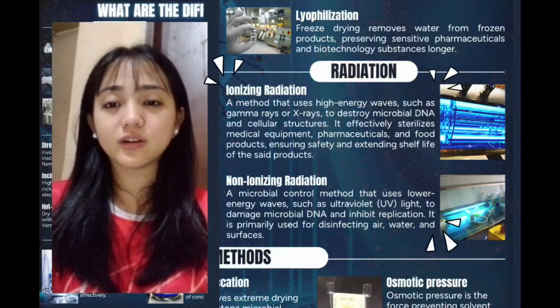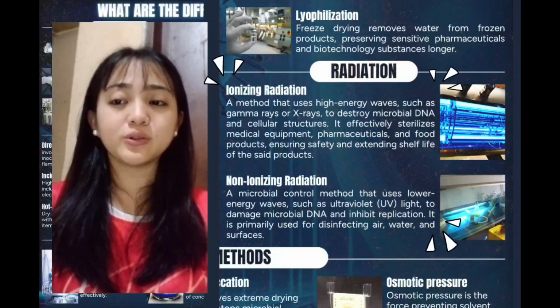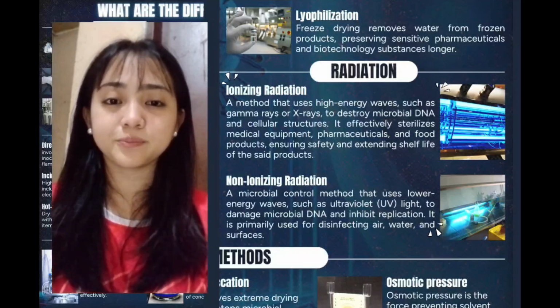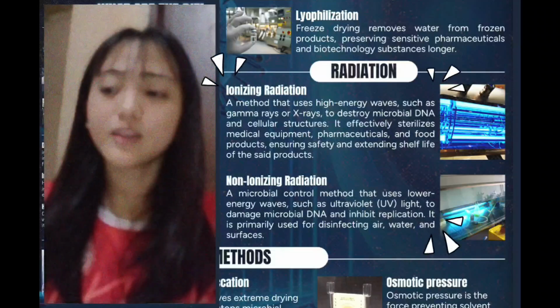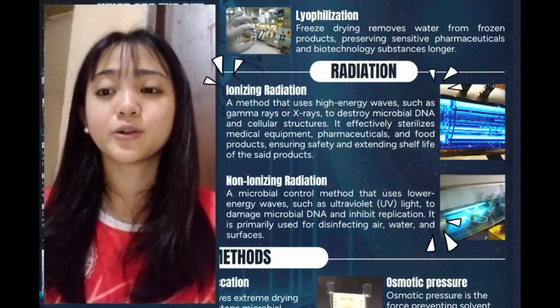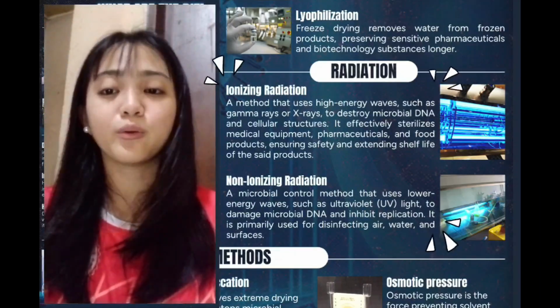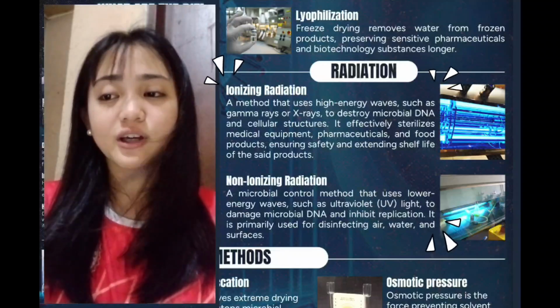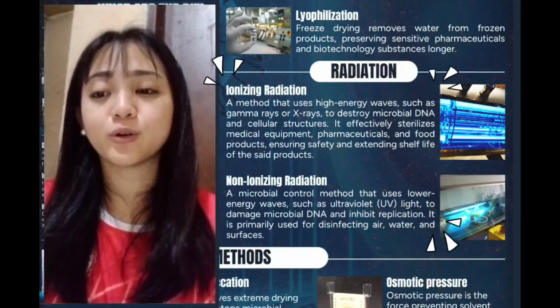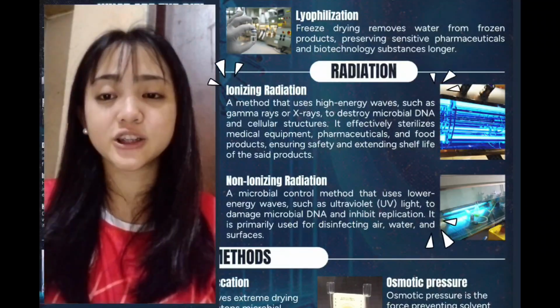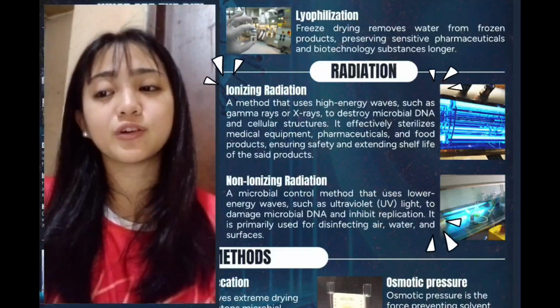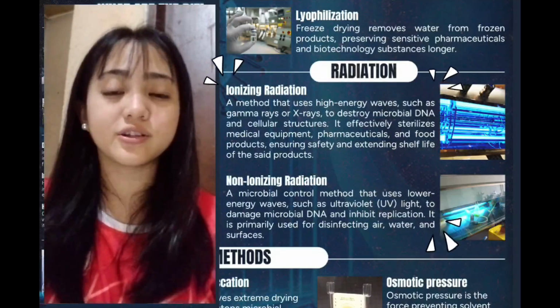It effectively sterilizes medical equipment, pharmaceuticals, and food products. Non-ionizing radiation is a microbial control method that uses lower energy waves, such as ultraviolet light, to damage microbial DNA and inhibit replication. It is primarily used for disinfecting air, water, and surfaces.